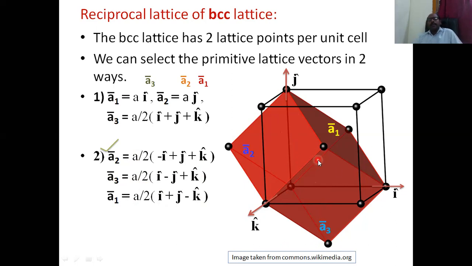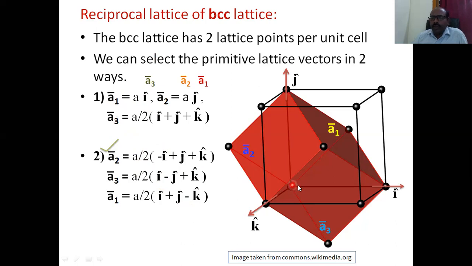In that way all the base vectors are identified, and these are the base vectors of the BCC lattice in direct lattice.